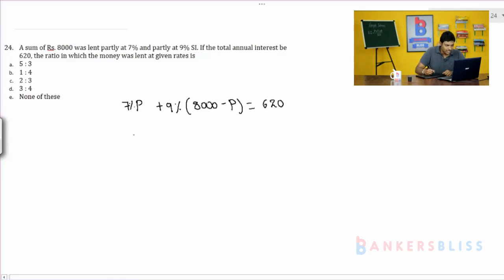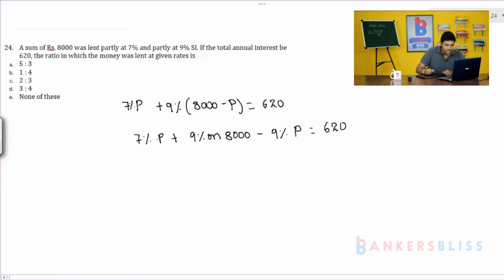So 7% P plus 9% on 8000 minus 9% P is equal to 620.